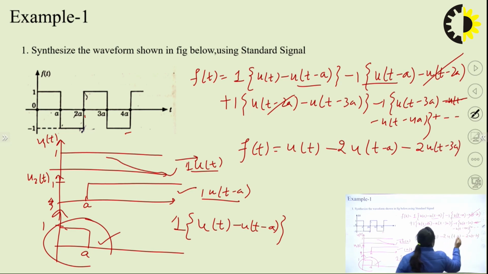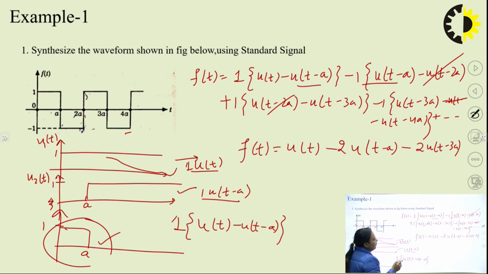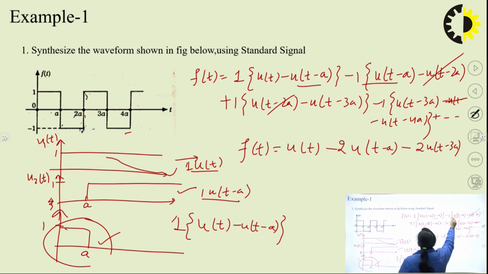Then u(t minus 4A), from 4A the magnitude will again be plus. Just a second. This is minus, minus, plus. So then this is minus minus plus and this is also plus, so this will not get cancelled out and I can write it as plus 2 times u(t minus 2A).